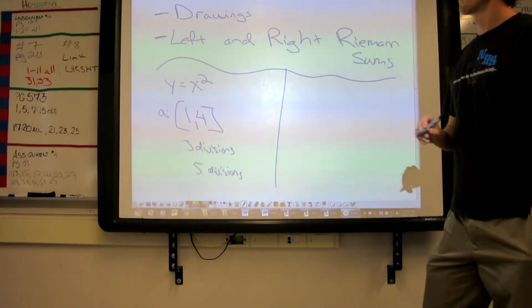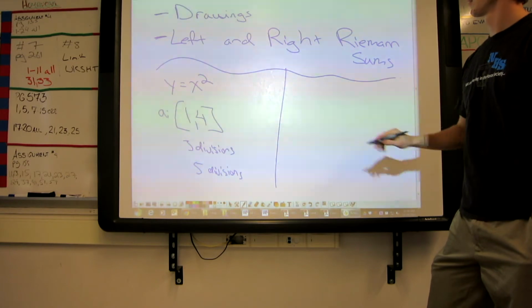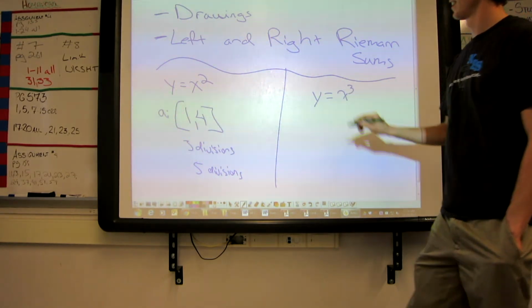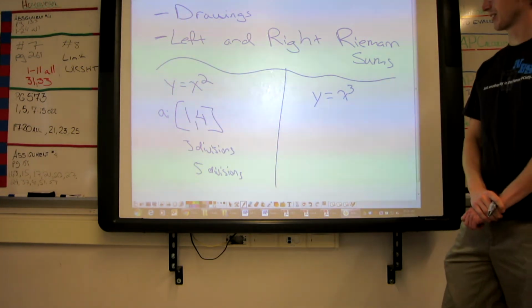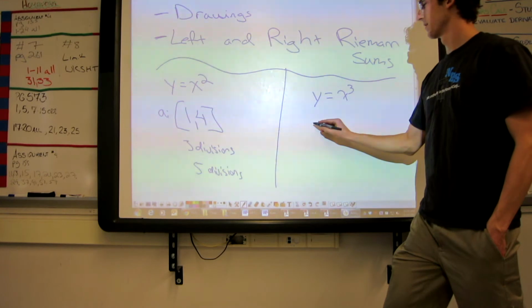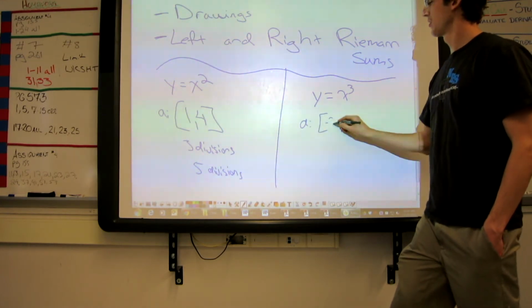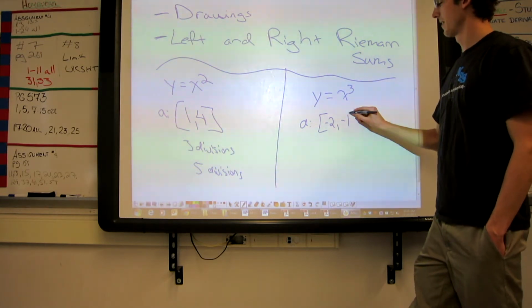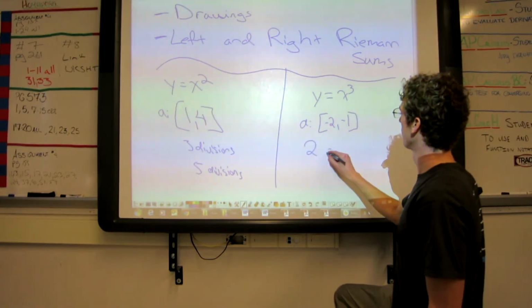Okay, the next one we're gonna do is y equals x cubed over the interval -2 to 2, with 2 divisions.